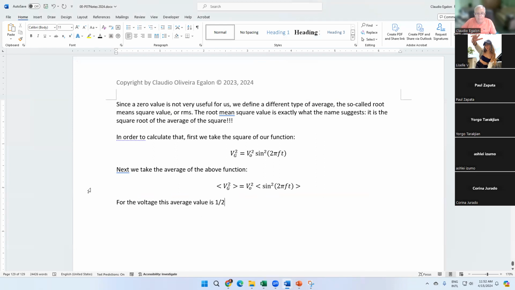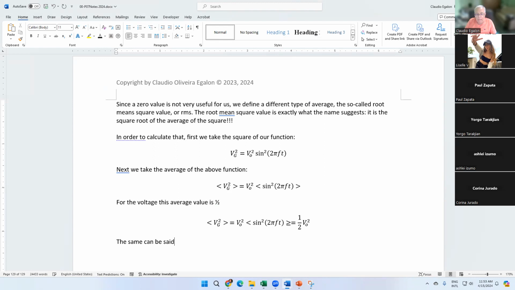It's going to be V naught squared times half. So let's just change. I'm going to put an equal sign here.